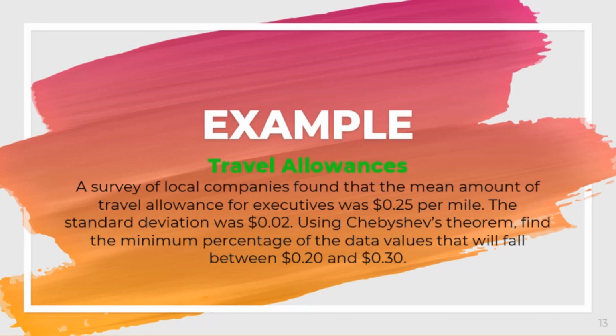The standard deviation was $0.02. Using Chebyshev's theorem, find the minimum percentage of the data values that will fall between $0.20 and $0.30.